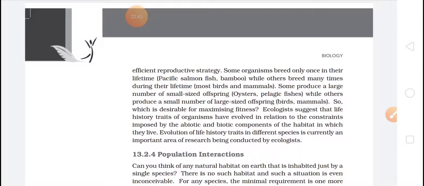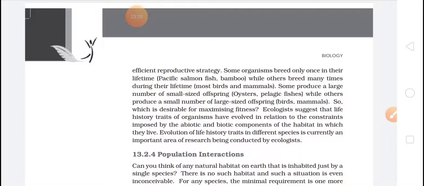Ecologists suggest that life history traits of organisms have evolved in relation to the constraints imposed by the abiotic and biotic components of the habitat in which they live. So this variation which you see, that some organisms breed only once in life and some breed many times, some reproduce a large number of small-sized offspring and others a small number of large-sized offspring, why is this variation observed?